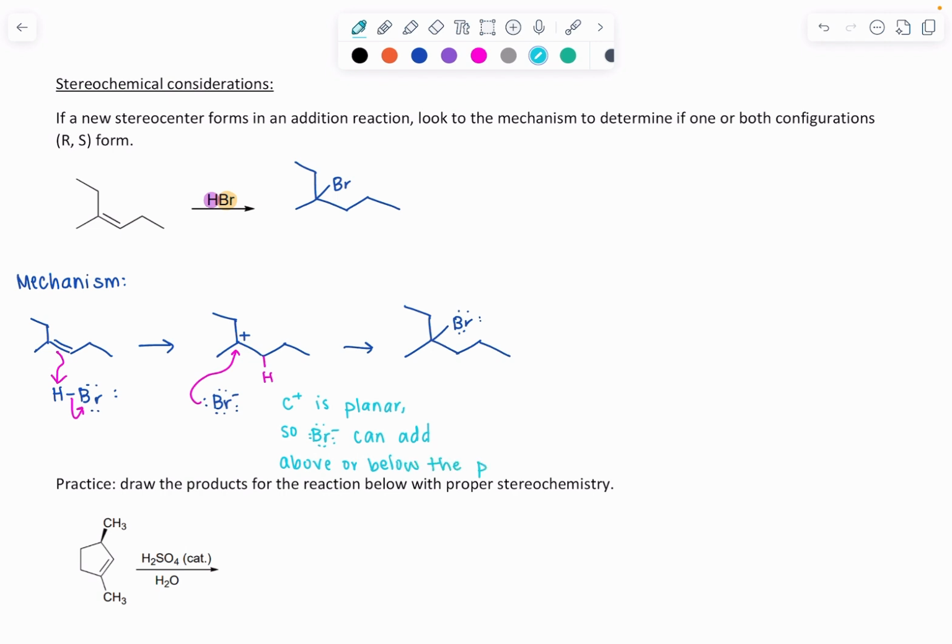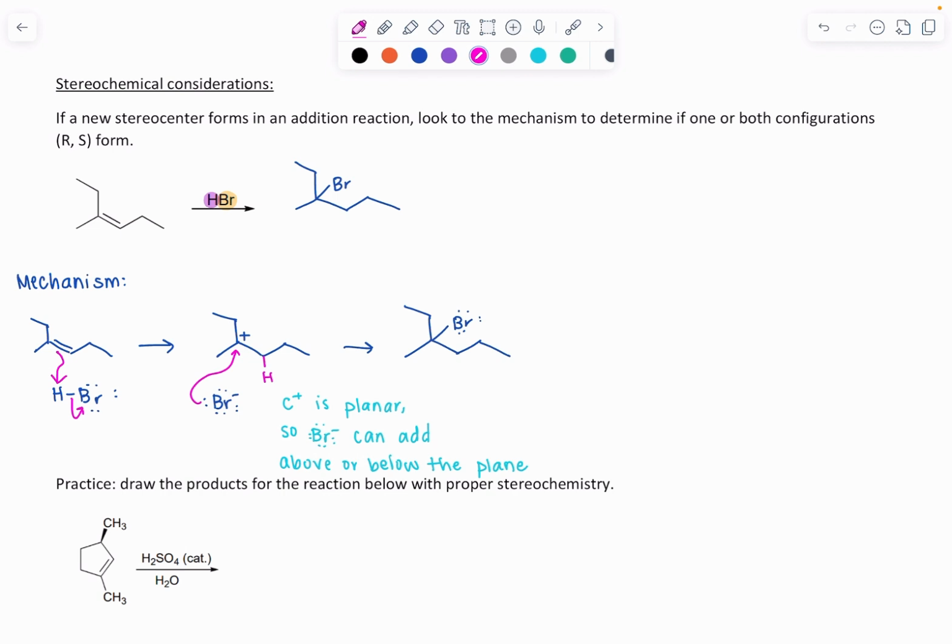If you think back to when we first learned about SN1, this is what I'm talking about as far as stereochemistry goes. Because we have that planar carbocation, bromine can add above or below that plane, and that means that both configurations are products. So if you're asked to draw products with proper stereochemistry, you need to draw both configurations.